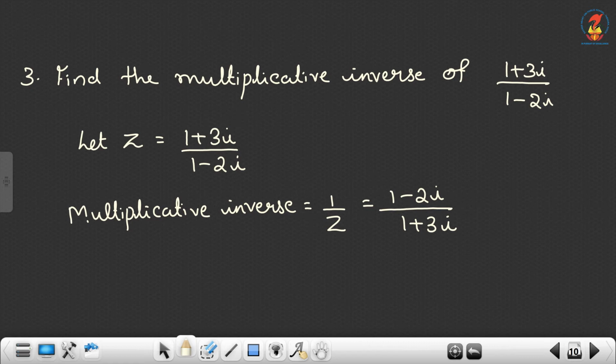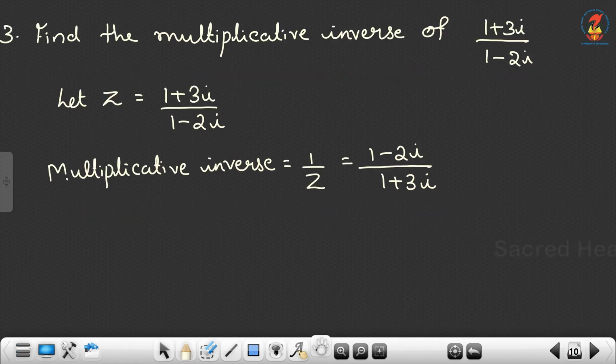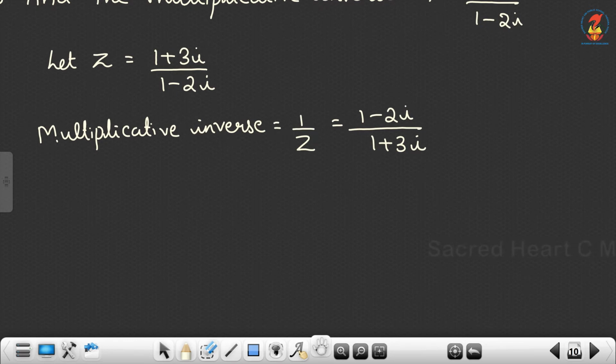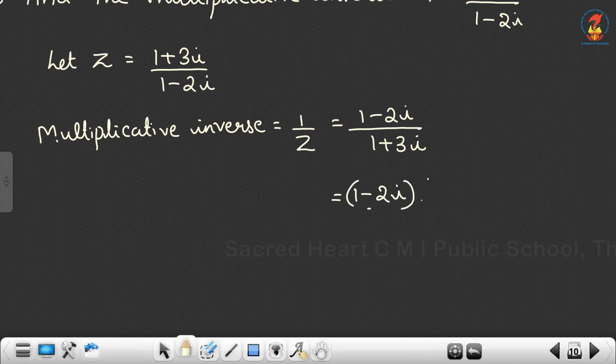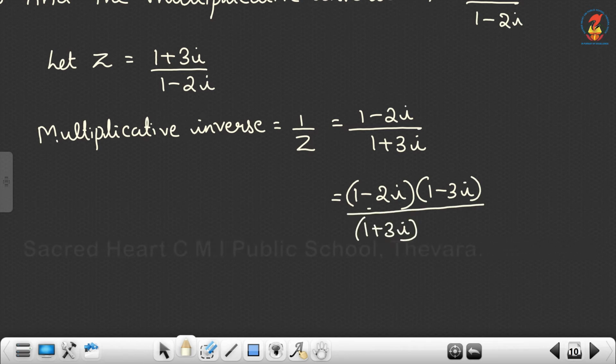But the denominator is not a rational number, it is an imaginary number, so we have to rationalize the denominator. So multiply by 1 - 3i: (1 + 3i)(1 - 3i).